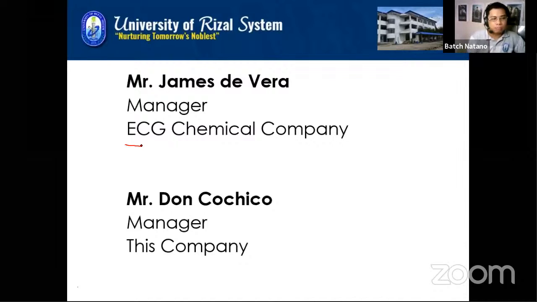Okay, the complete address. There are some people who are very particular about the title. So if they would like to be addressed as doctor, then reflect that they are a doctor. If they would like to be addressed as an attorney, just reflect attorney.